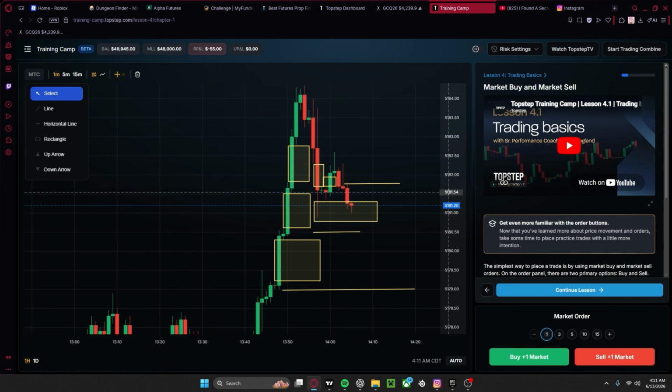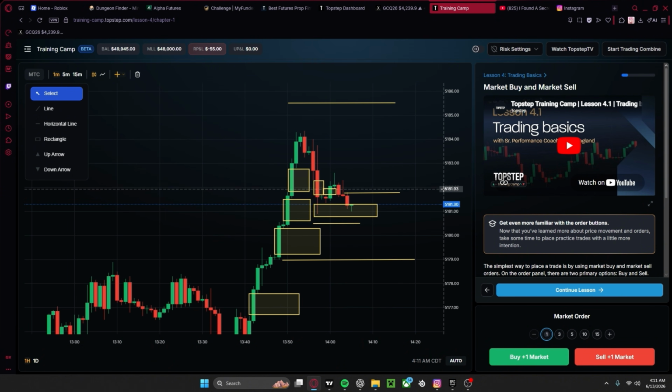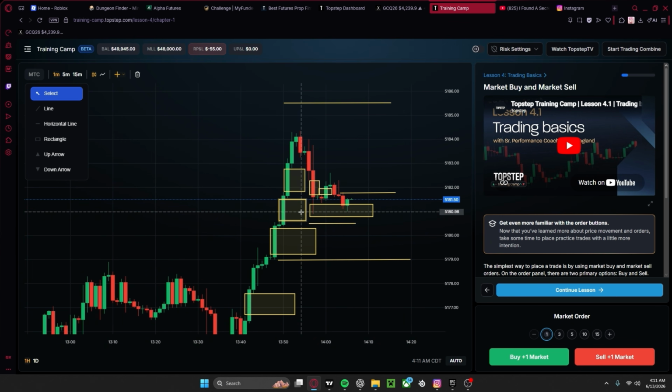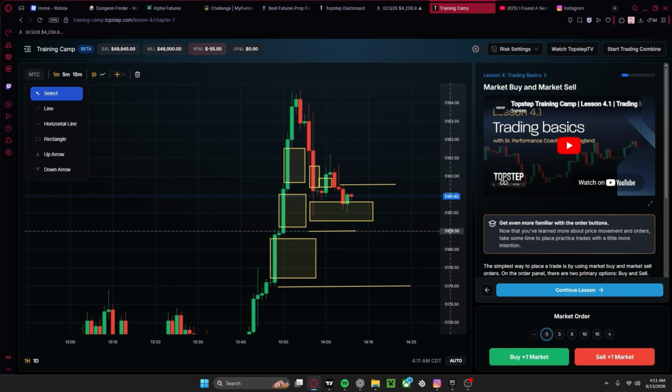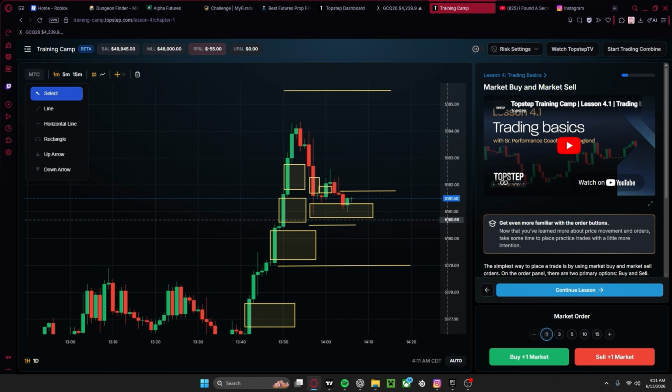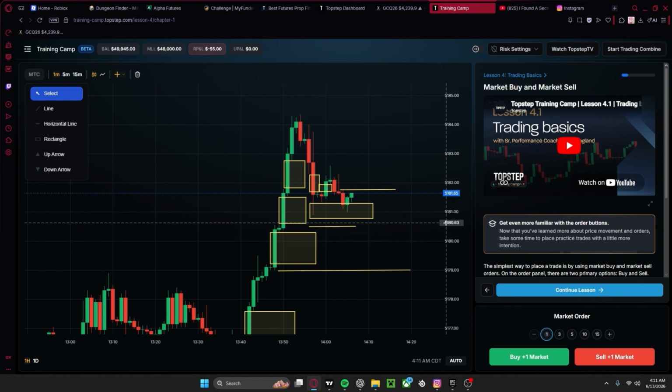So we have all those fair value gaps, and okay, so it retouched the fair value gap, and it's going back up. Okay, no, it just retouched it. Okay.